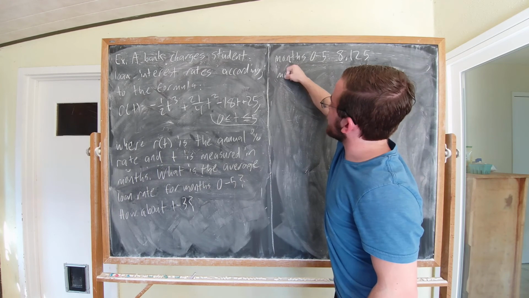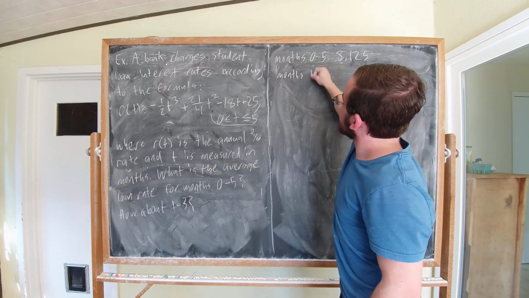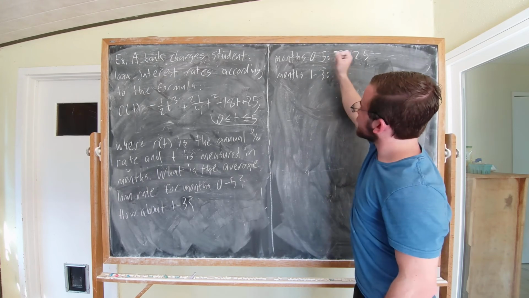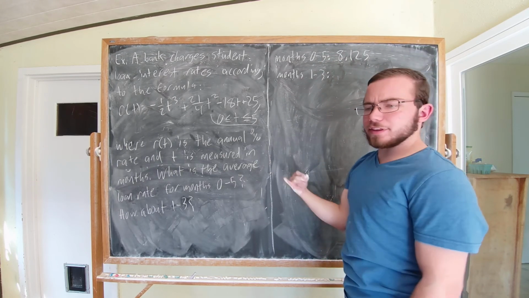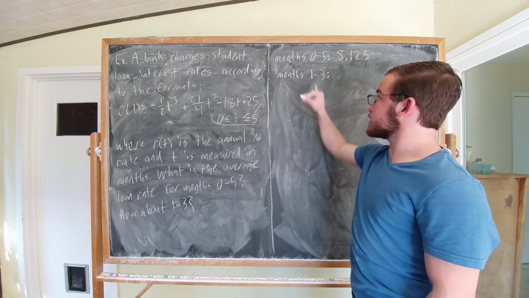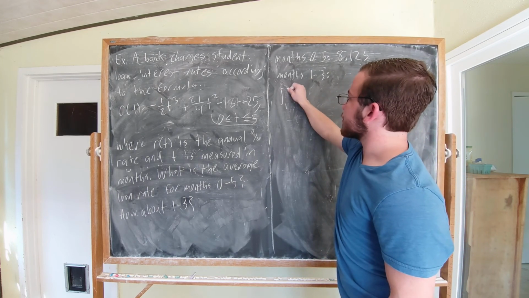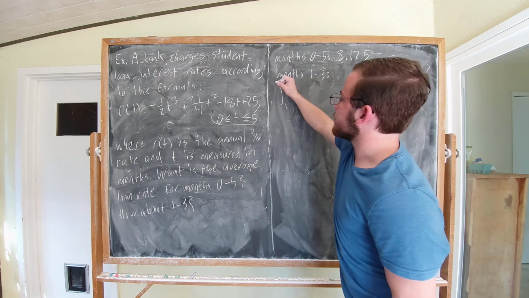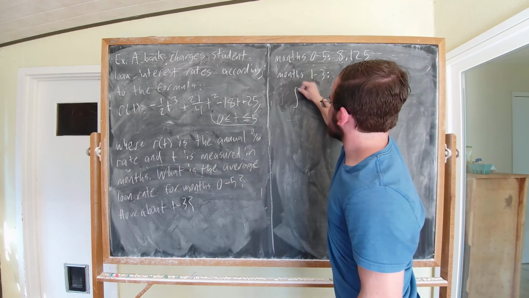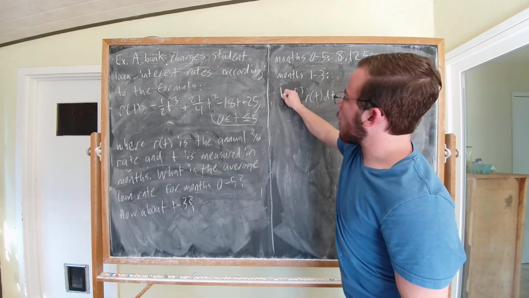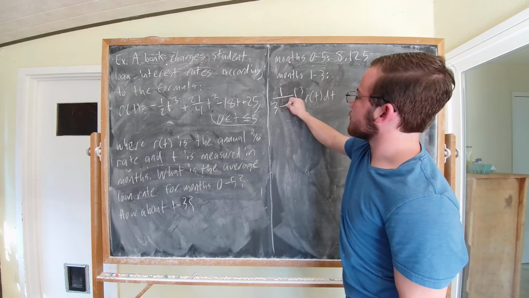And then months 1 through 3. In this case, the only thing that's changing is instead of going between 0 and 5, we're going between 1 and 3. So it'll be the integral from 1 to 3 of r of t dt times 1 divided by 3 minus 1.